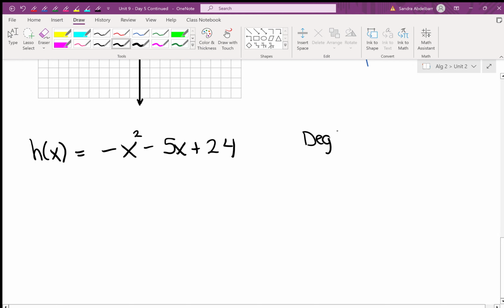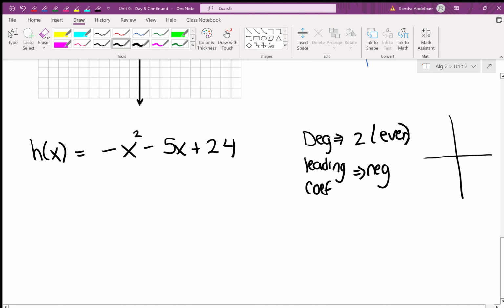The degree is 2. So 2 is even. So we are even and negative. If we're even and negative, where are we starting? Where are we ending? You got it. Start, end.